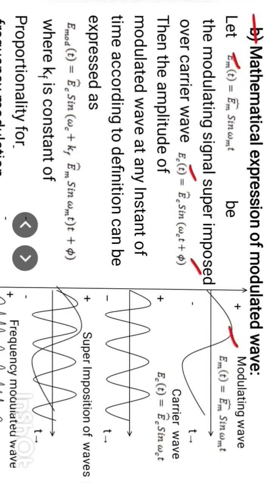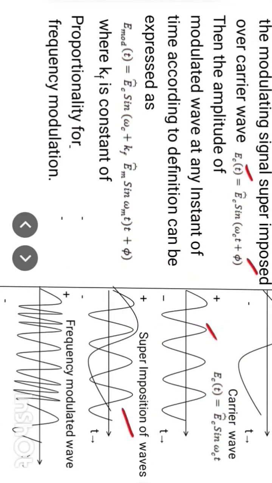Now here is the modulating wave and this is the carrier wave. Here the two waves are superimposed over each other. Then the amplitude of modulated wave at any instant of time, according to definition, can be expressed as e_mod(t) = E_c max sin(ω_c + k_f E_m max sin ω_m t + φ), where k_f is the constant of proportionality for frequency modulation.